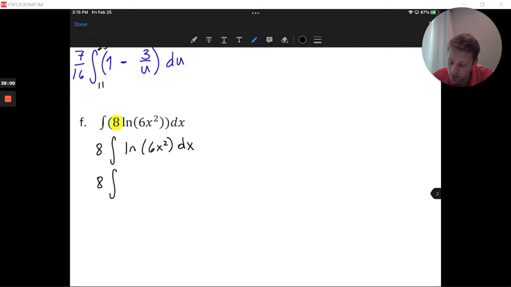We'll have the natural log of 6 plus the natural log of what remains here, x squared dx. So we can transform that product of terms in the natural log into a sum. That's the product rule of natural logs.